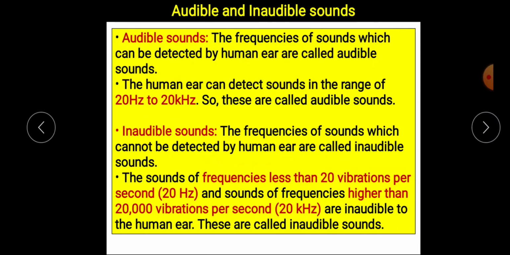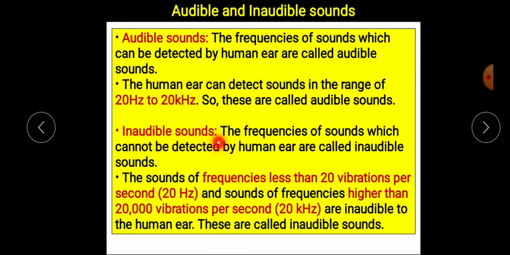So the sound frequencies which can be detected by our ear and which we can hear are called audible sounds. The human ear can detect sounds in the range of 20 Hz to 20 kilohertz, or 20 Hz to 20,000 Hz. Okay, so these are called audible sounds.